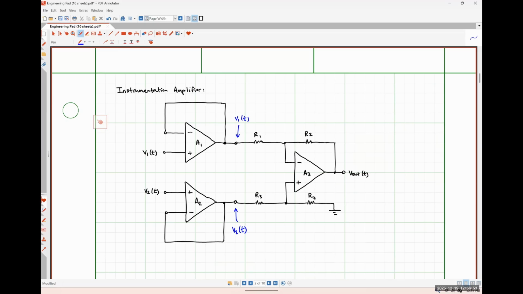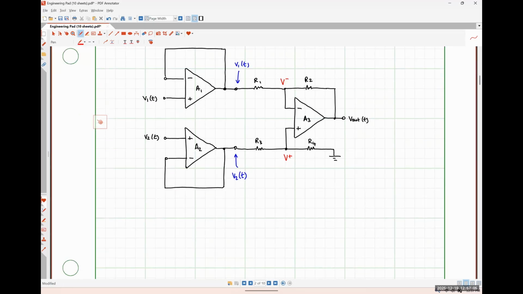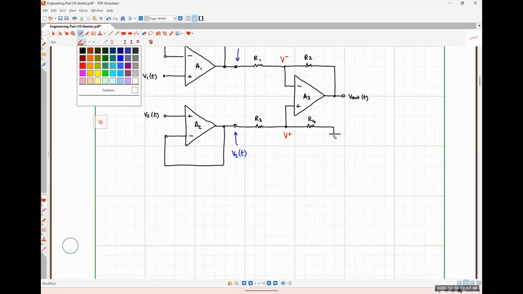So I'm going to call this voltage right here V plus, and this voltage right here V minus. By inspection, V plus I'm going to find just using voltage division, right?